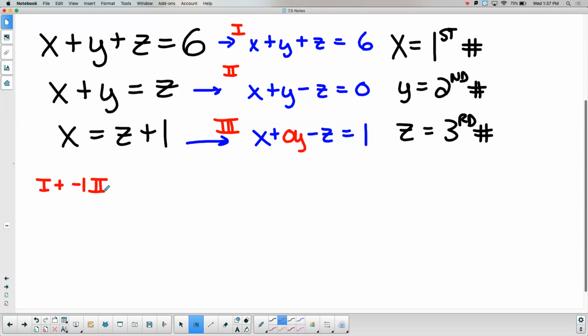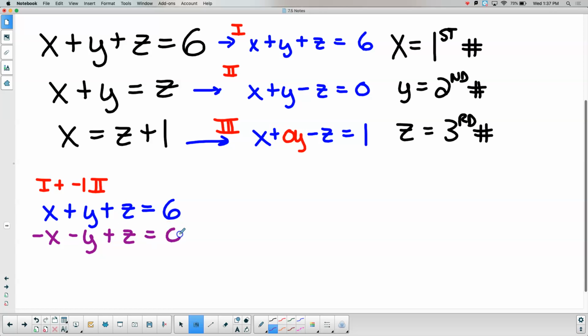Right? So that's going to be X plus Y plus Z equals 6. And then, we'll go with purple, negative X minus Y plus Z equals 0.